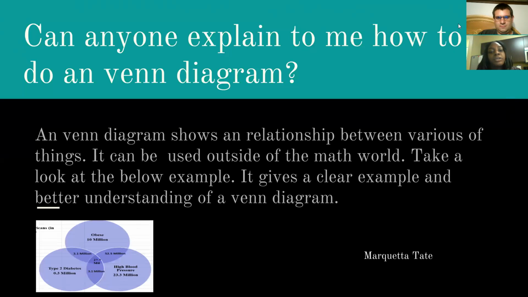It gives a clear example and better understanding of a Venn diagram. As we presented in our Excel PowerPoint, we have obesity, type 2 diabetes, and high blood pressure. That's all put into a Venn diagram, and it shows the relationship of each one. That's pretty much what a Venn diagram is. I hope you understand. That was a good explanation.